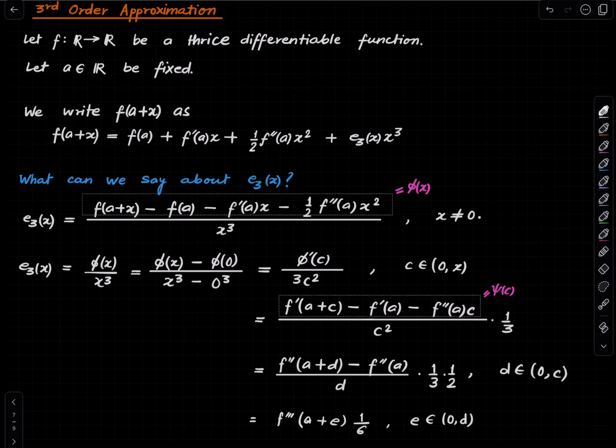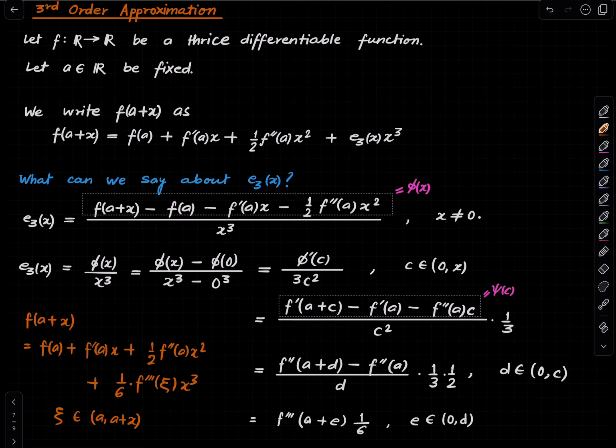So the third order approximation becomes f of A plus x is f of A plus f prime A x plus half f double prime A x square plus not 1/3 but 1/6 f triple prime xi x cube, where xi is a point strictly between A and A plus x.